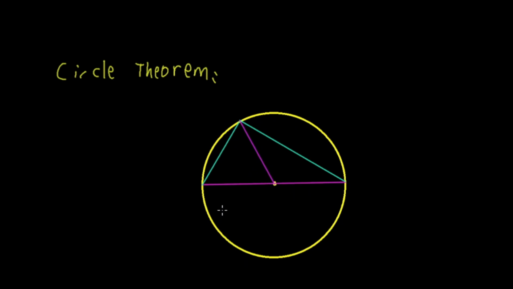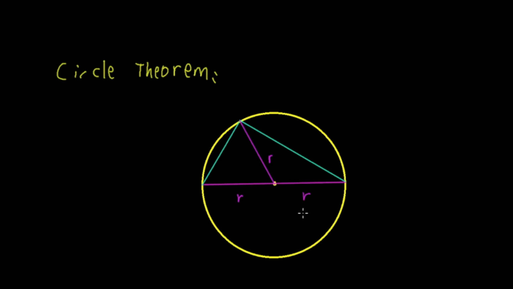Notice that this side here is the radius of the circle. This side here is also the radius of the circle. And since this line is connecting from the center of the circle to the side of the circle, this is also the radius of the circle. So they all have equal lengths.